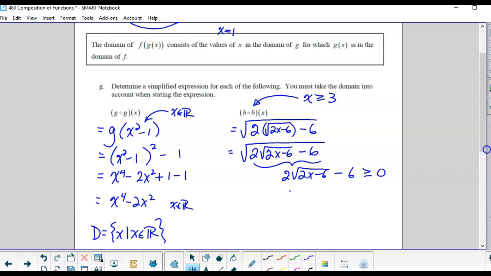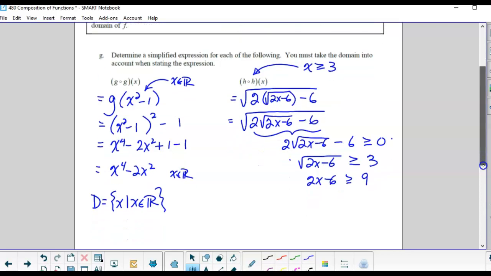So then that's root 2x minus 6 has to be greater than or equal to 3 when we bring the 6 over and divide by 2. Then square both sides, but we have to think about that when we think about an inequality. If you do square both sides, is it going to be greater than or equal to 9 here?